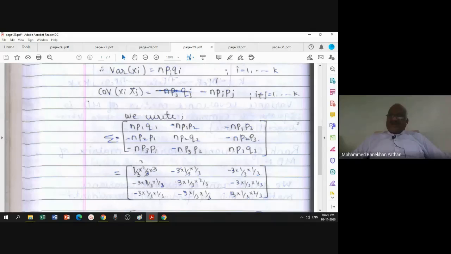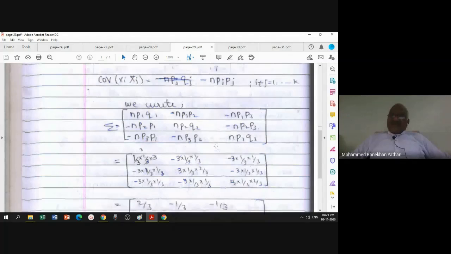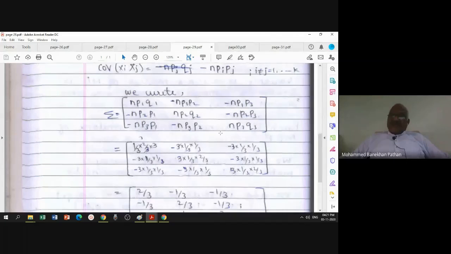This is the covariance between x2 and x3. This is the covariance between x3 and x1. This is the covariance between x3 and x2. And this is the variance of x3, so n times p3 q3. Now this is your variance covariance matrix in general notation.